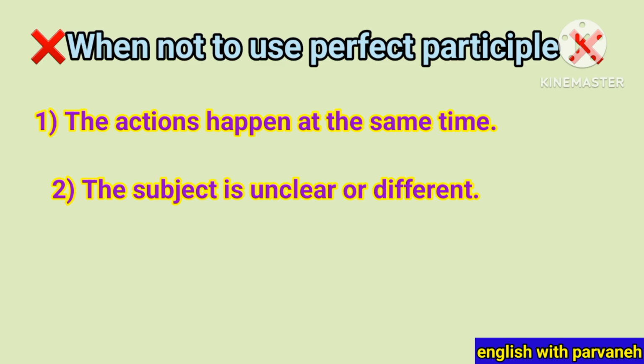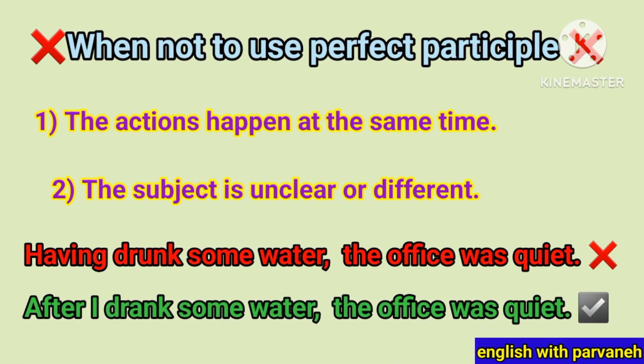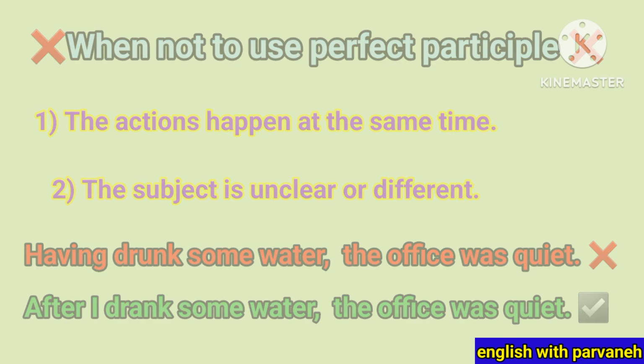For example, it is wrong to say, having drunk some water, the office was quiet, because the subjects are not the same. You should say, after I drank some water, the office was quiet. In this case, you should use the complete form. You cannot change it to perfect participle form because the subjects are different. You've got I and the office.